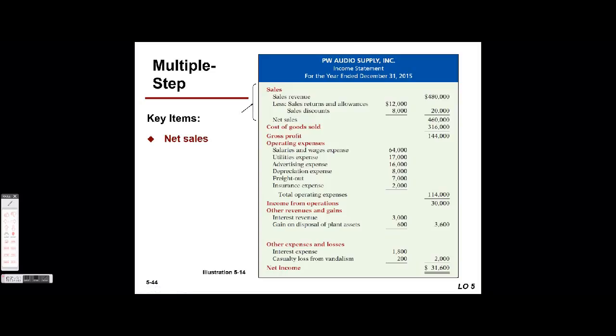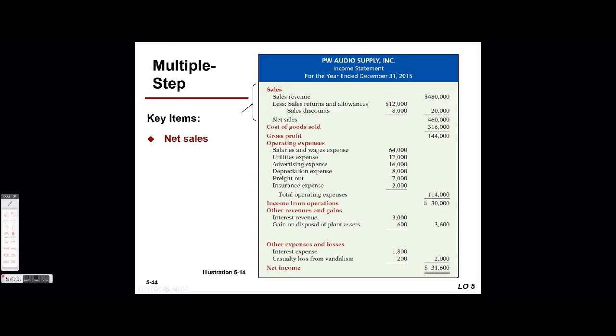And effectively, it's all other expenses with the exception of cost of goods sold. So typical things you see here. In this case, $114,000, giving us income from operations. In most of our multi-step income statements, that will be it. That will be it for us.